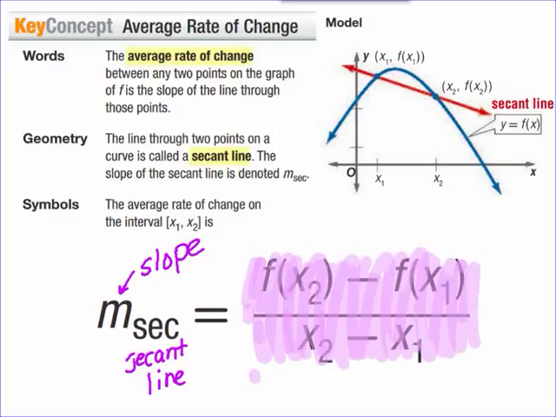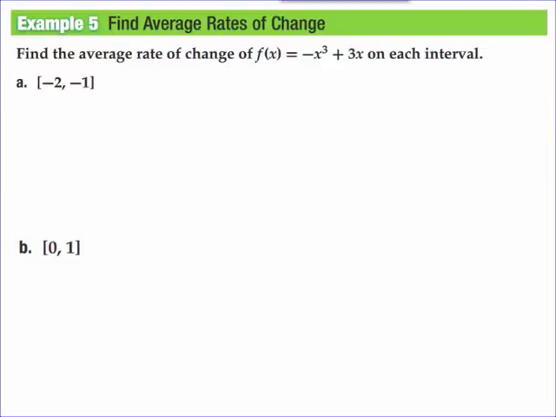So let's go ahead and look at our first example. Find the average rate of change of f of x equals negative x cubed plus 3x on each interval. So basically we're going to be doing two problems with the same function. The first thing you're going to do here is find f of negative 2, and then find f of negative 1. Remember, to find f of negative 2, you plug it into the original formula.